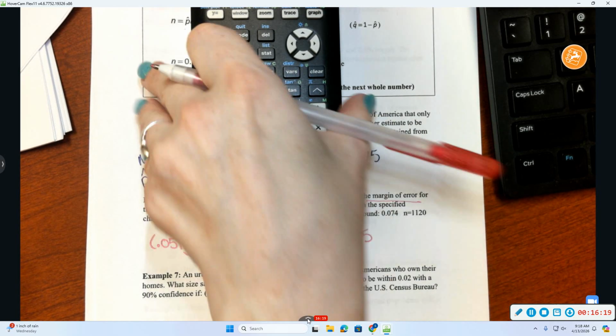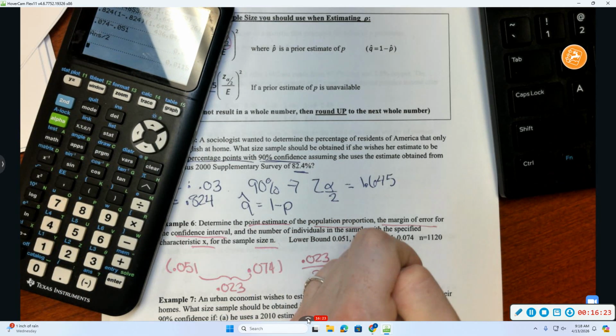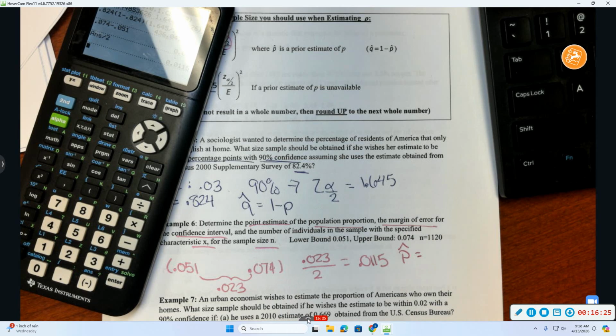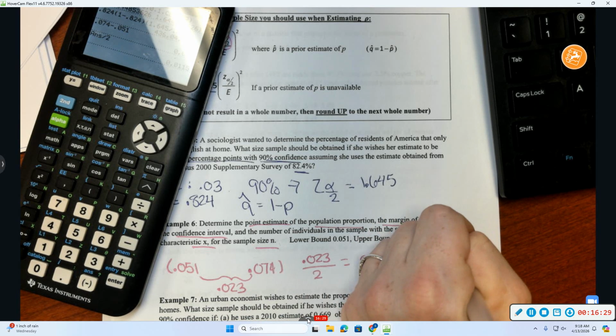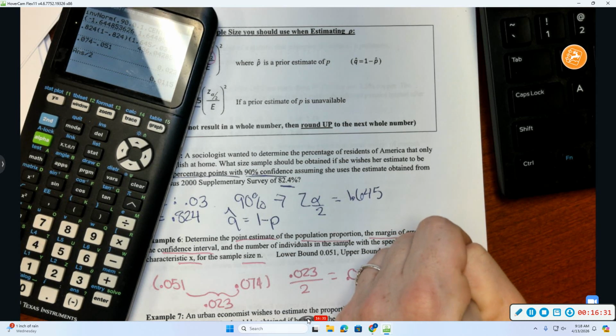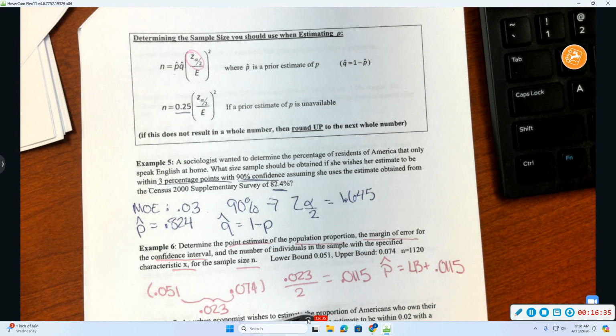So now I should be able to find my p hat: take my lower bound and add 0.0115. Some of this is just a little bit of logic and number sense.